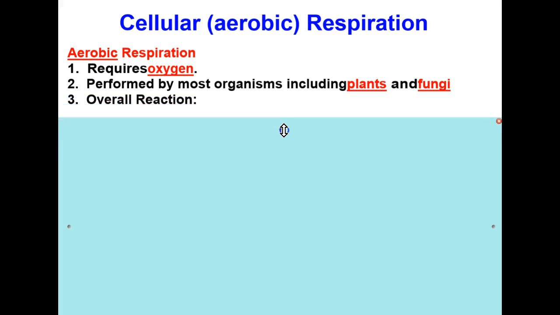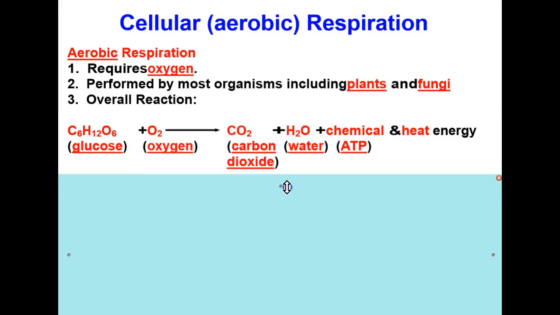The overall reaction for cellular aerobic respiration is as follows. We start off with a glucose molecule, which is C6H12O6. We add oxygen to that reaction. We'll look at how many oxygens here in a moment. And that yields carbon dioxide as a waste product. We'll talk about how many carbon dioxide molecules are released in one step here in a little bit.